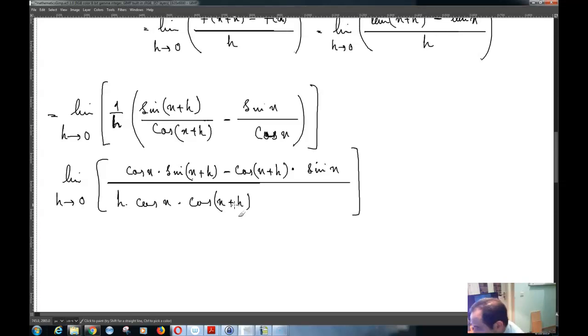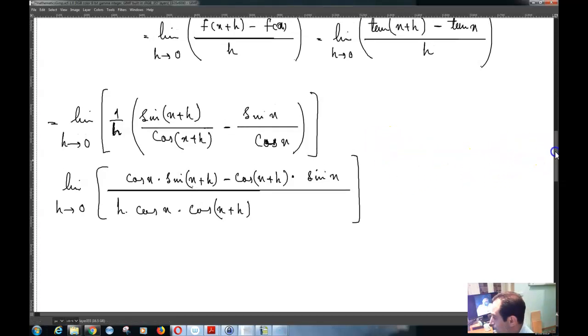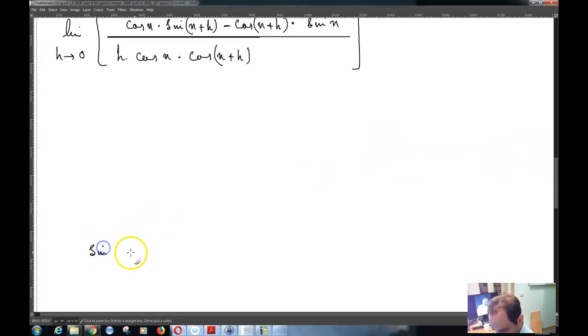And then over here what you can do is, now sine of x plus h is the same thing as, what we have over here is basically sine of x plus y is equal to sine x cos y plus cos x sine y.